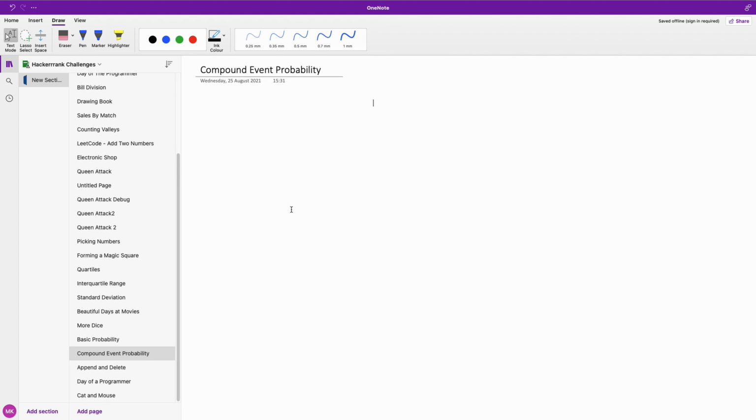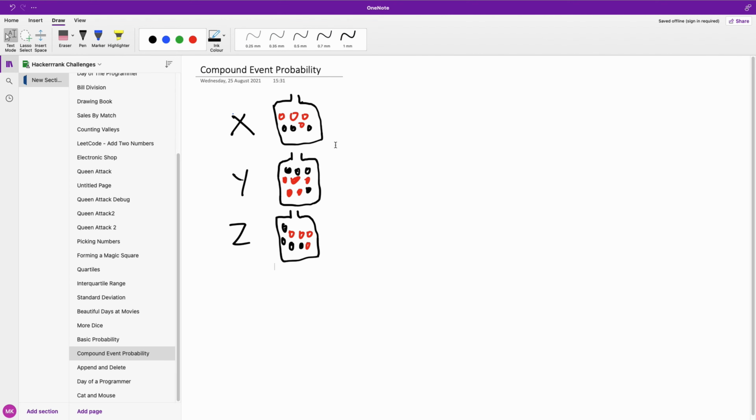So permit me to draw out the urns so that it will be easy for us. Okay, so assuming we have laid out the problem like this, the question now is, what is the probability that when a ball is drawn from each of the 3 urns, we have 2 balls red and 1 black.